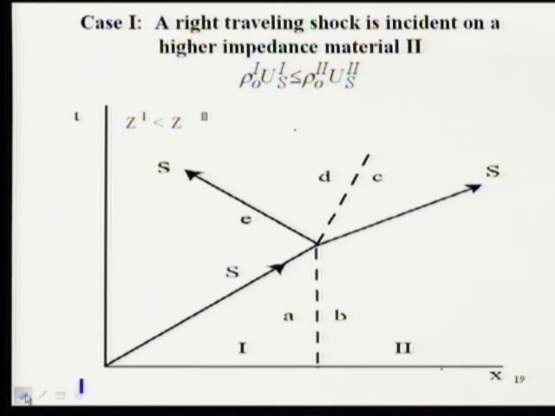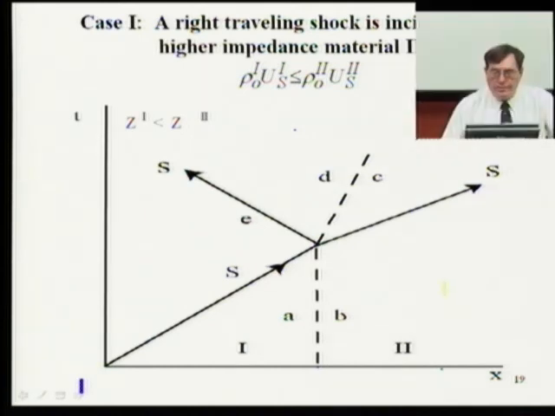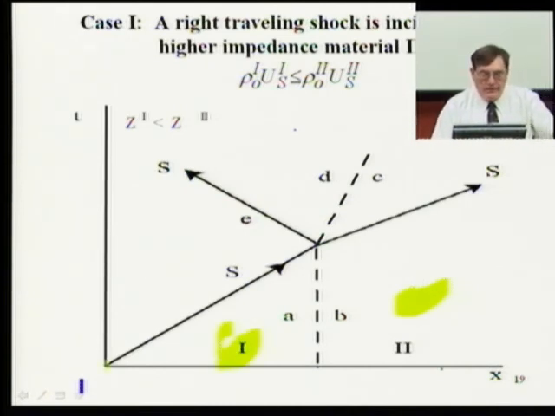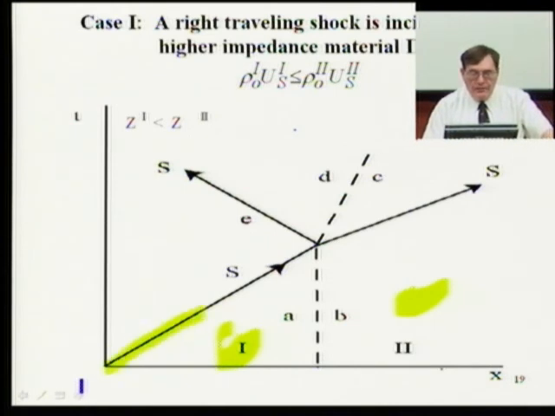So here's your XT diagram. Just review it quickly. You have a higher impedance material on the right over here, lower impedance material on the left. You have a forward-facing shock, and the lower impedance material intersects the boundary between the two. A shock is transmitted, because remember the rule is the same type of shock will be transmitted in either case of the impedance on the right.